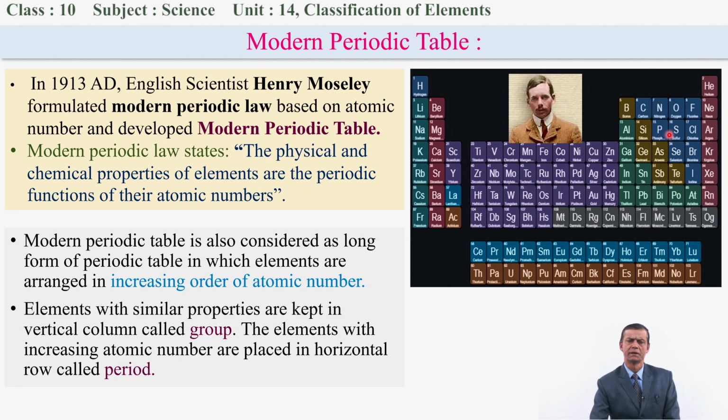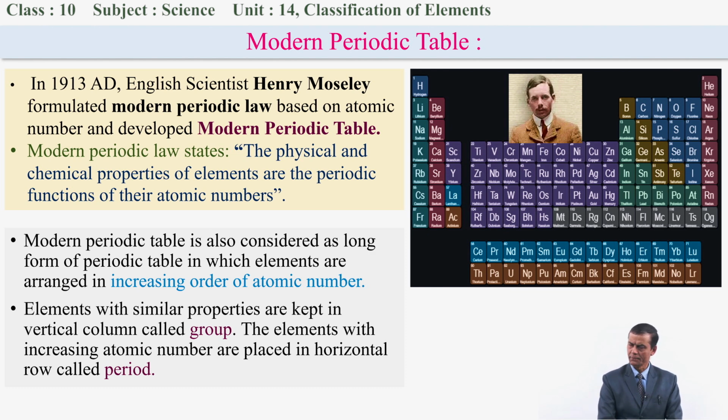The elements with similar properties are kept in the vertical column called group. The vertical columns are groups, and horizontal rows are periods. That means elements with increasing atomic number are placed in the same period. Look at here, this is period 1, period 2, period 3, period 4.